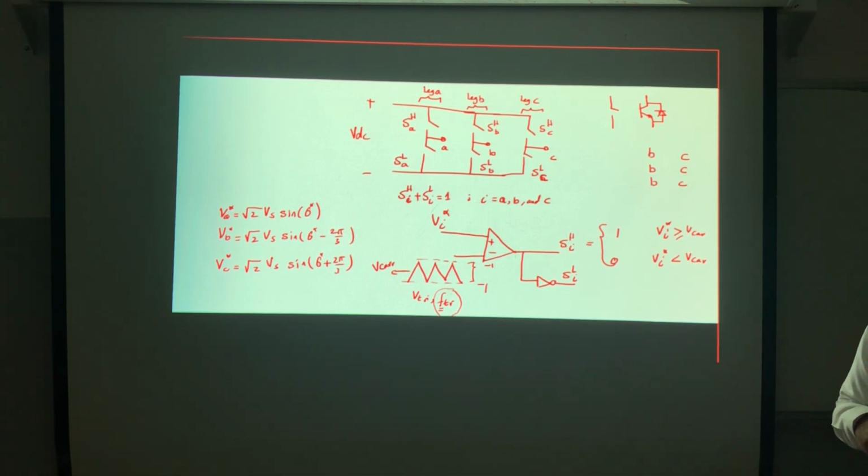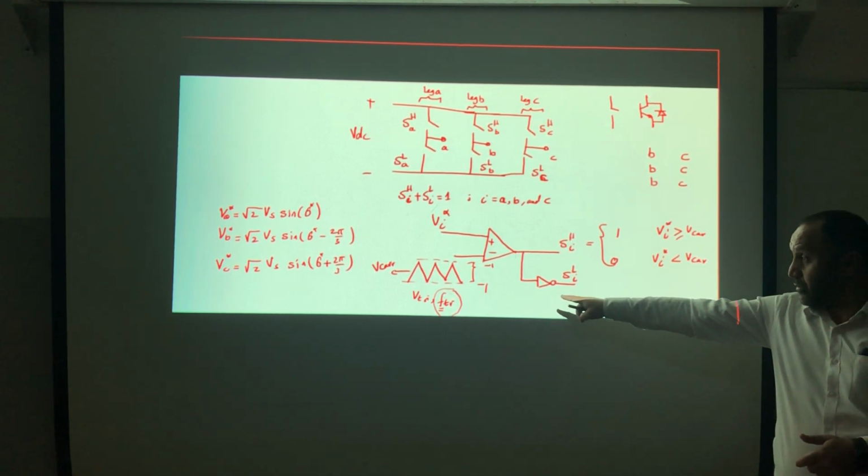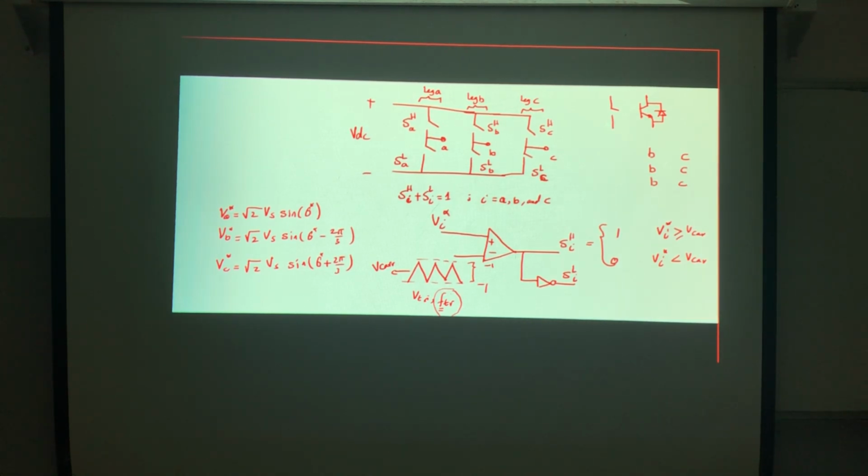I'm reading the input, calculating whatever I need, and refreshing the output according to a sampling. So the carrier frequency decides when you will refresh the output, and so it decides the bandwidth of the current controller. Good.